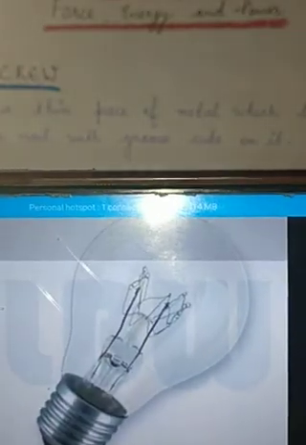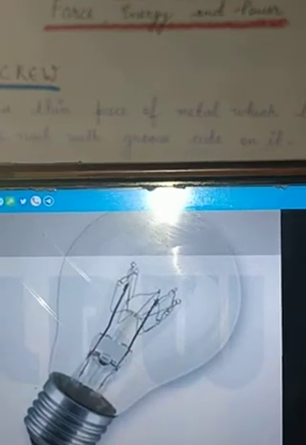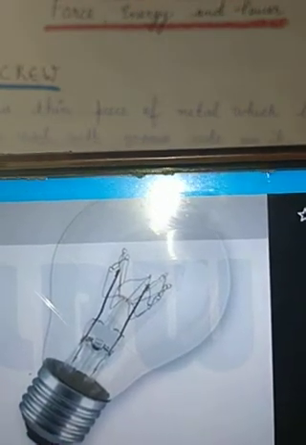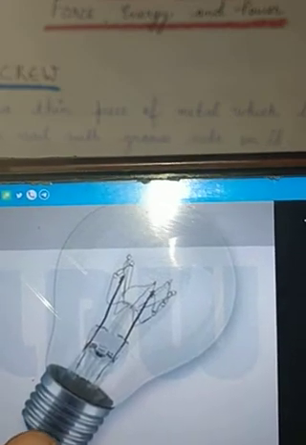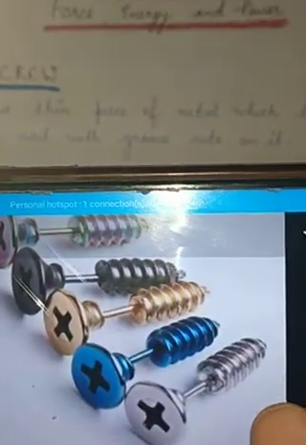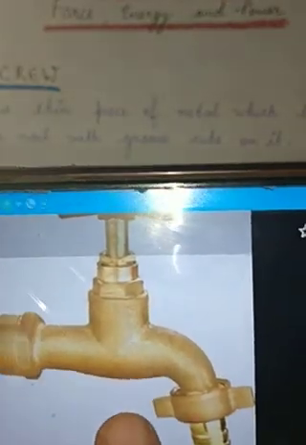Next is the example of the bulb. When we put a bulb in the socket of the bulb holder, there are grooves present which are responsible for attaching the bulb to the holder. One more example of a screw is the tap.